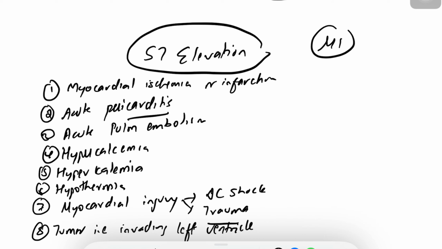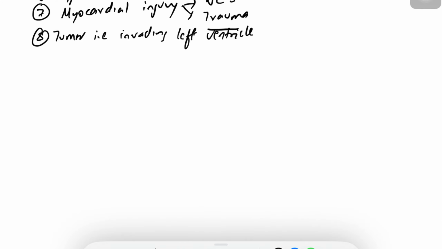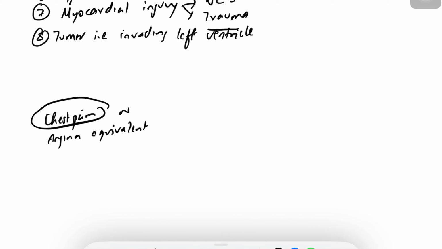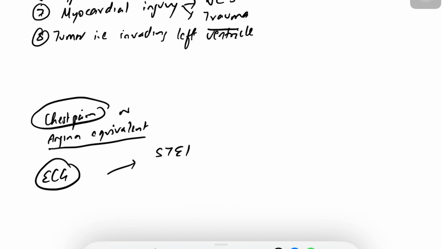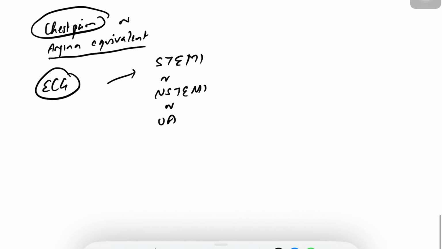After knowing this, if a patient comes to us with typical chest pain or angina equivalent, and we did an ECG, if there is a sign of STEMI or NSTEMI or unstable angina, then we have to do troponin.